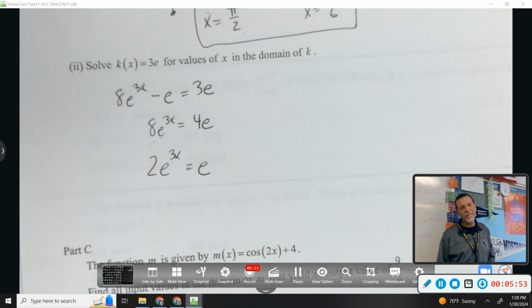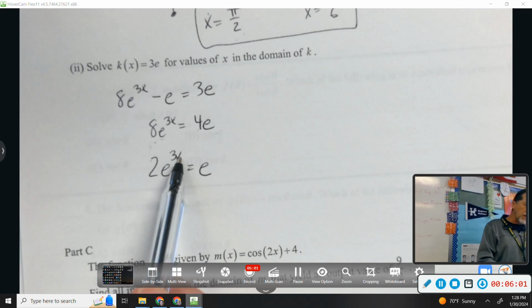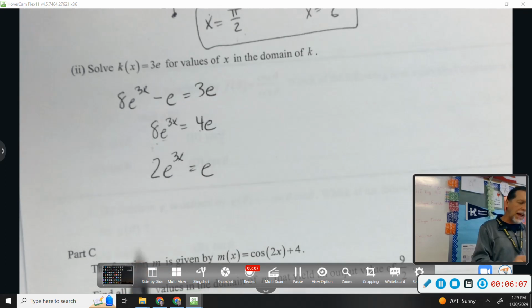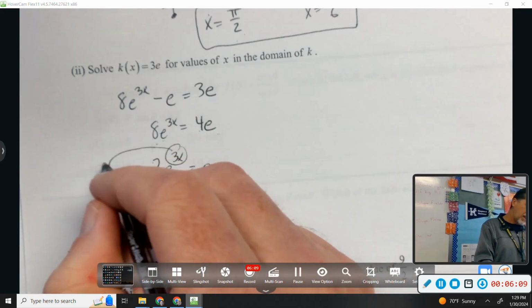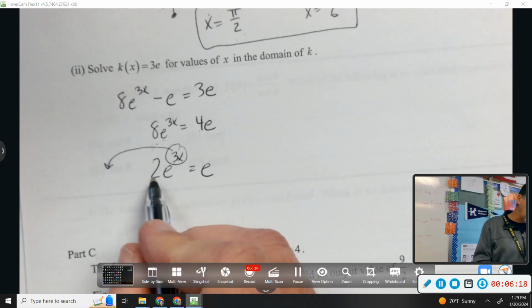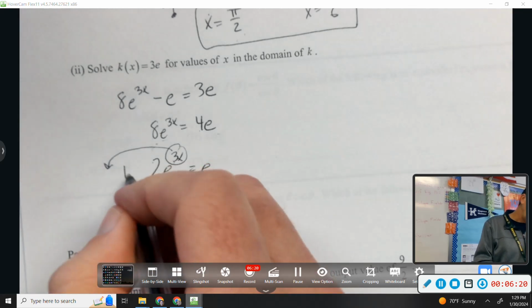And then here's where the paths diverge. What do you do to get a variable out of the exponent? What could I do to both sides that would allow me to get this thing out of the exponent? Like a natural log. Although be careful, that 3x isn't on the 2.